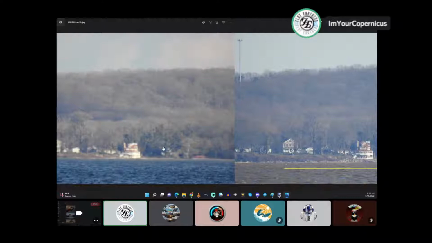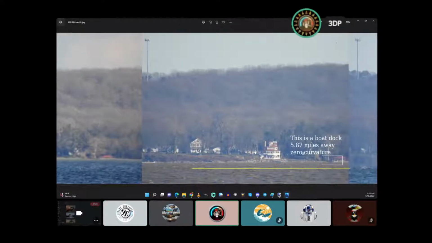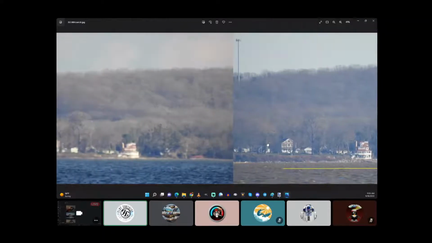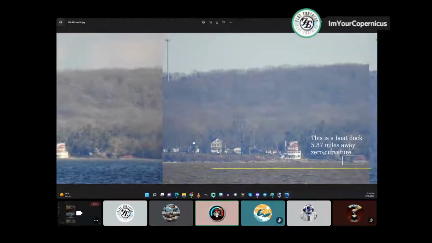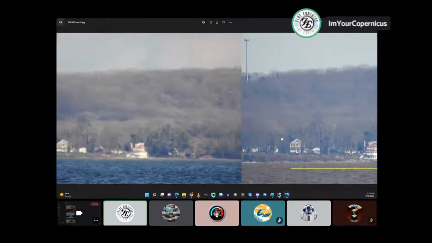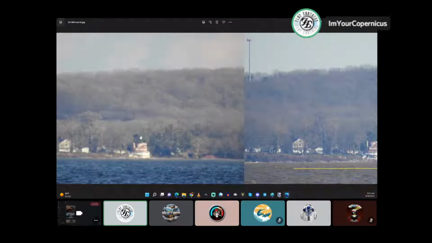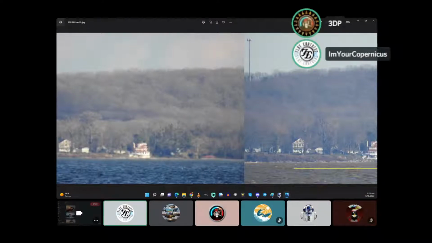You can't see with clarity what you're looking at that you can see right here. This is the same house, same focal length, same distance, but the distortion due to refraction here is greater than here. So it doesn't matter if you mess with the levels or saturation, this isn't going to clear up. You're not going to undo this.